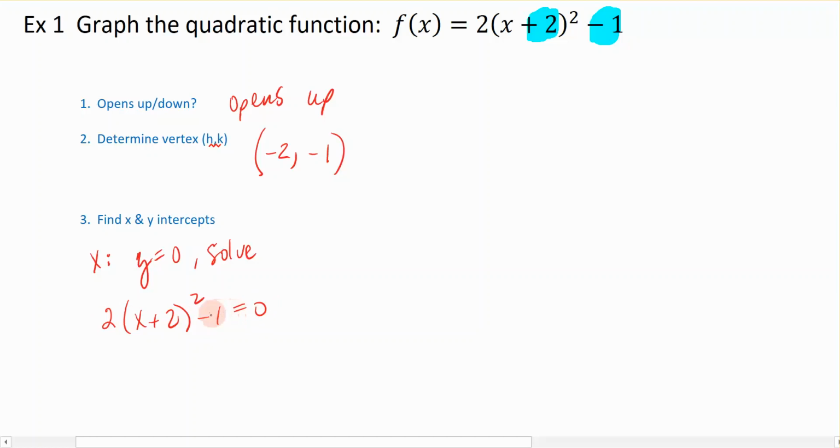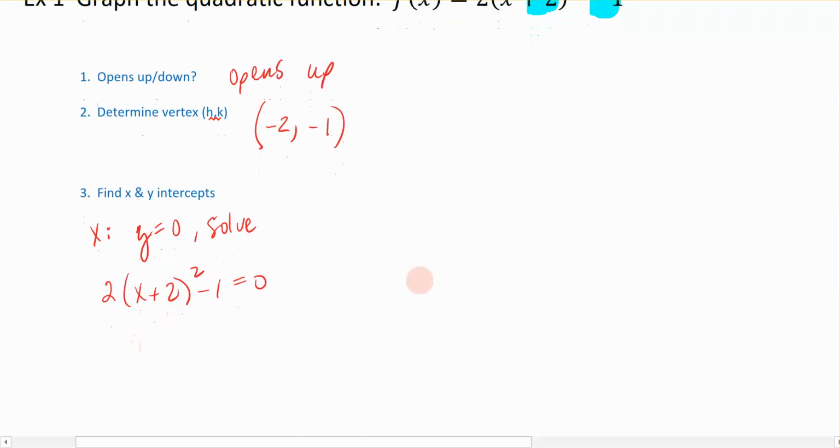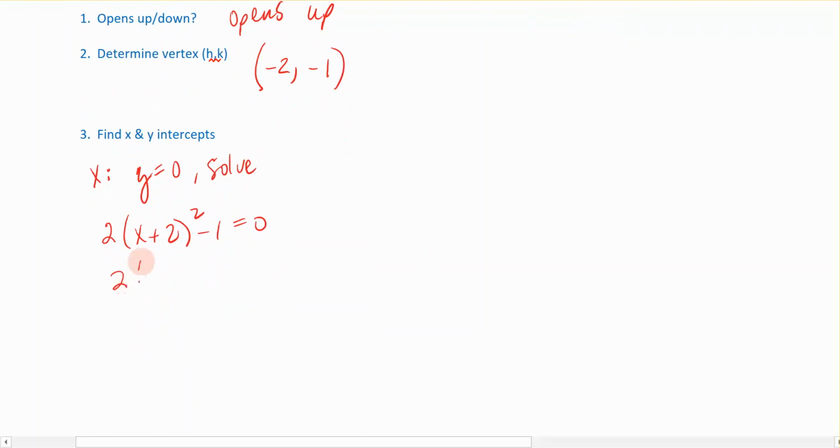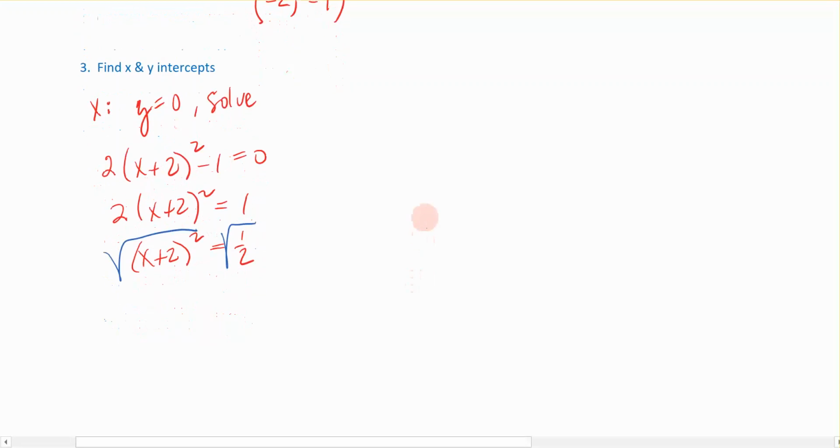To solve this equation, we add 1 to the right-hand side. So this is 2 times (x + 2) squared equals 1. I'm going to divide both sides by 2, and I get (x + 2) squared is 1/2. Now that I have a squared term equal to 1/2, I can apply the square root property and take the square root of both sides.